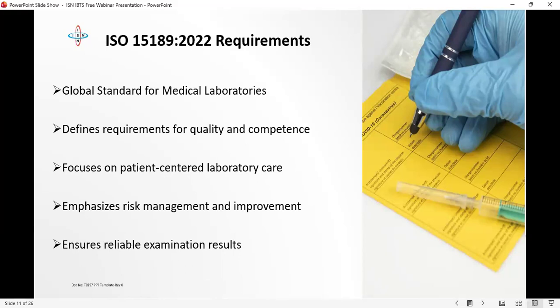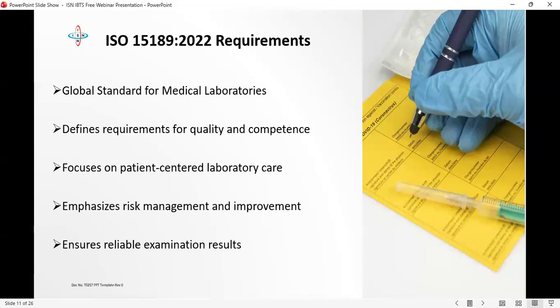And what it means to the lab is you'll be operating a fully controlled, quality-driven system where processes from sample collection in the pre-analytical to the post-analytical part of the laboratory are standardized, documented, and continuously monitored. It means that the lab must ensure competent staff, properly maintained equipment, reliable reagents, and complete traceability of all its activities.